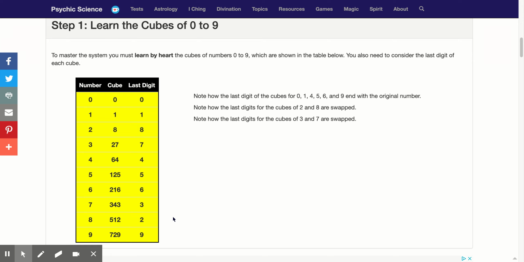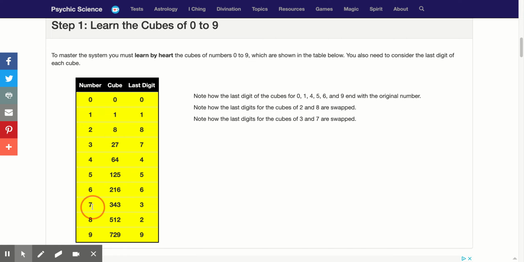So what I do want you to know, though, is what happens at 3 versus 7 and 8 versus 2. Notice that when I cube 3, it gives me a ones digit of 7.